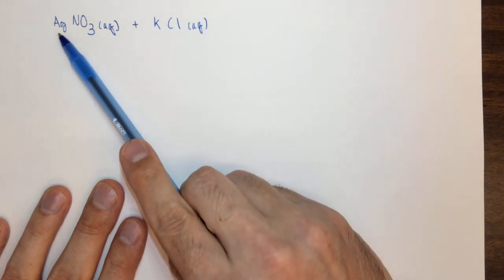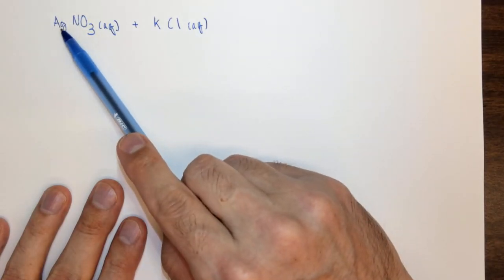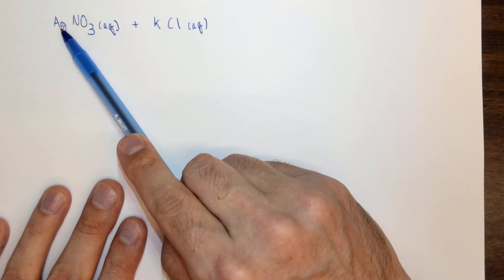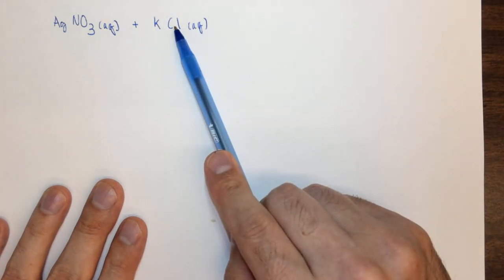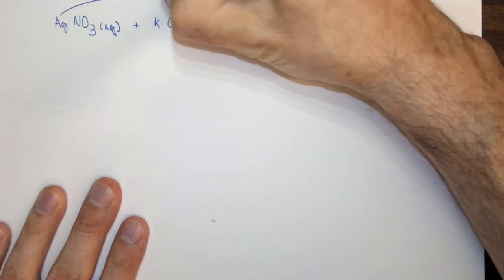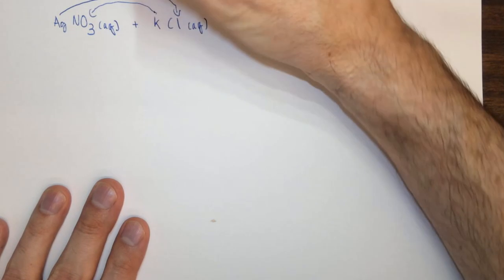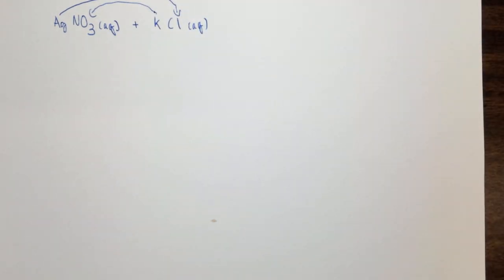What is Ag going to choose? Well, Ag is positively charged, so this is Ag plus. So Ag plus could potentially interact with Cl minus, and K could potentially interact with NO3.